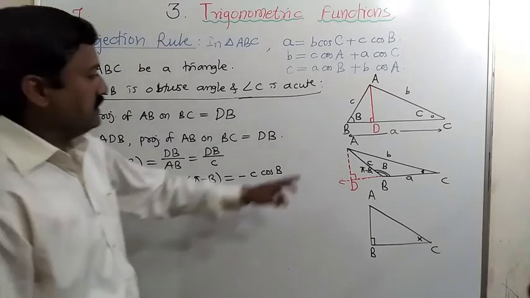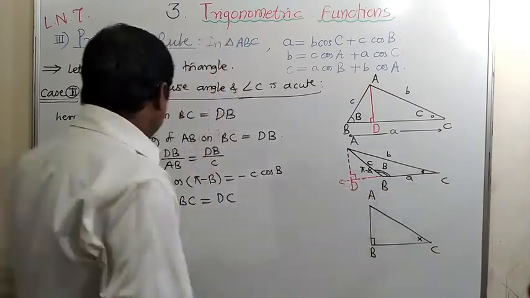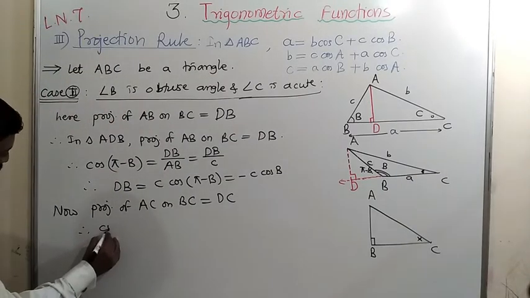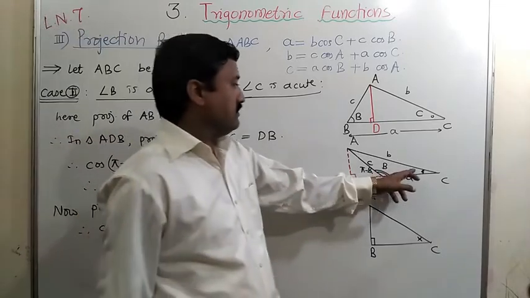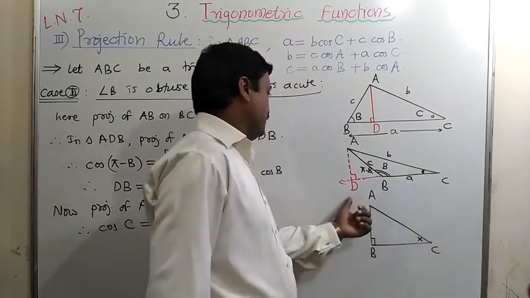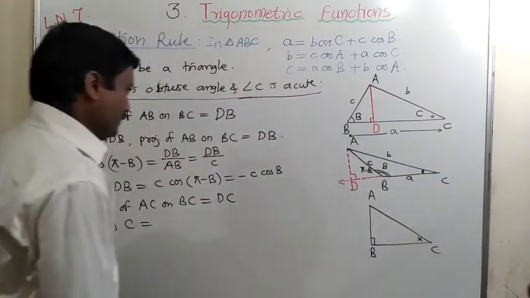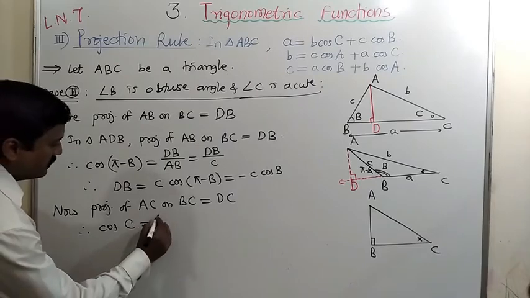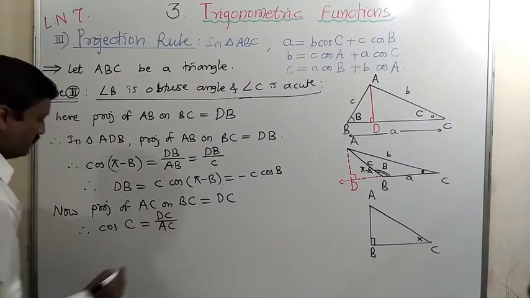Therefore, in triangle ADC, cos C is nothing but the adjacent side, this whole BC, upon the hypotenuse AC.